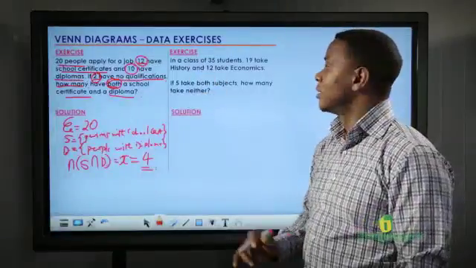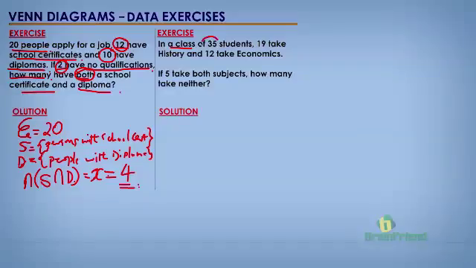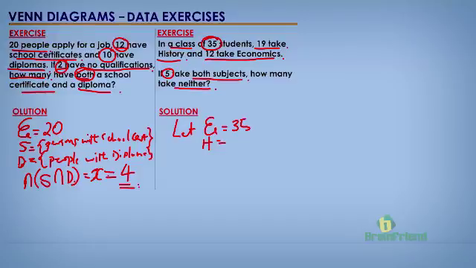Let's take another exercise. In a class of 35 students, 19 take history and 12 take economics. If 5 persons take both subjects, how many take neither? To do that, again we'll say let our universal set be the number of students in our class, which is 35 persons. Let H be the set of students who take history.